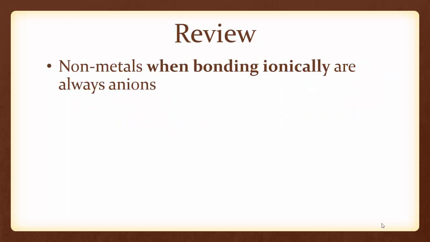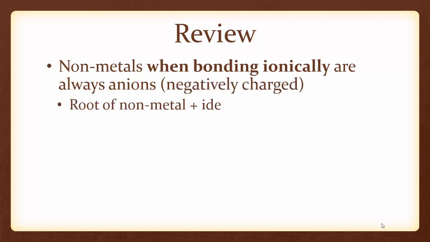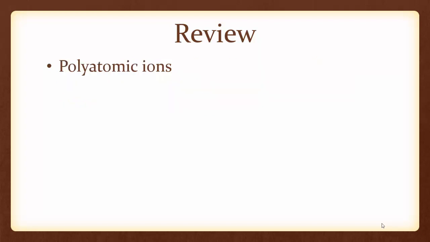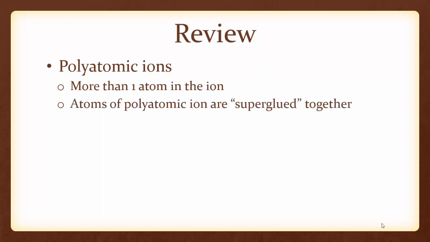Nonmetals, when bonding ionically, which hints at the fact that sometimes they don't bond ionically, will always be anions, or negatively charged. You're going to take the root of the nonmetal and add ide, and polyatomic ions have more than one atom in the ion. Those atoms of the polyatomic ion are superglued together to make one gigantic ion.